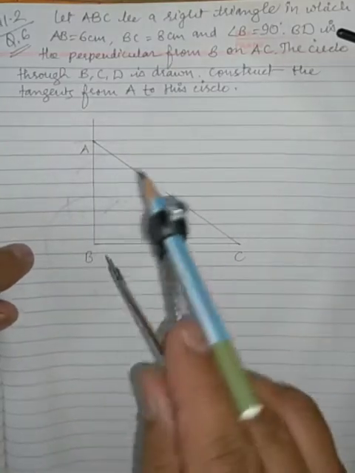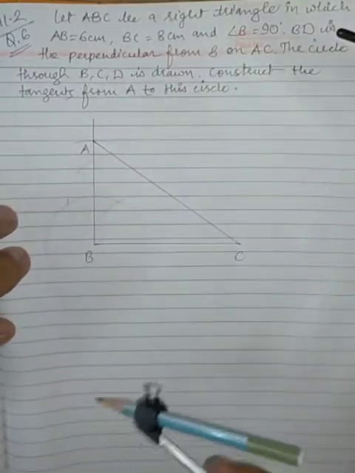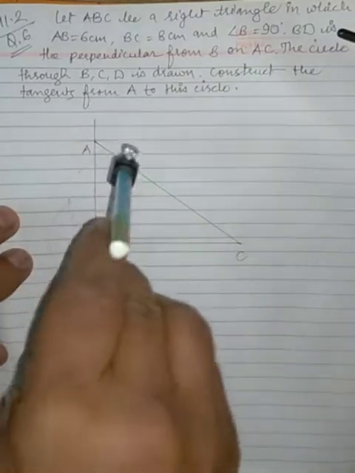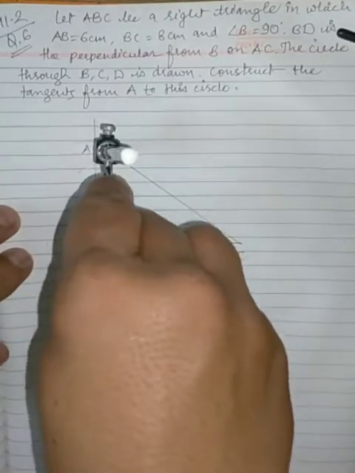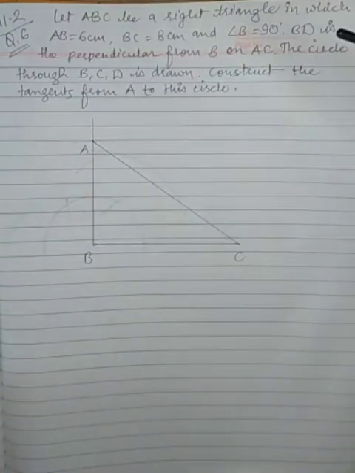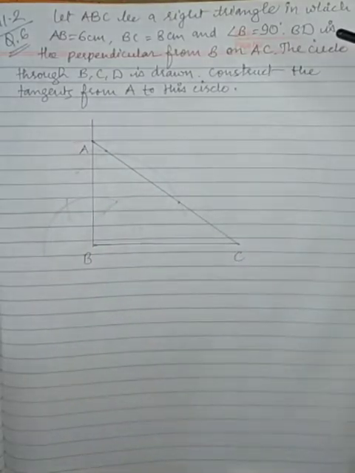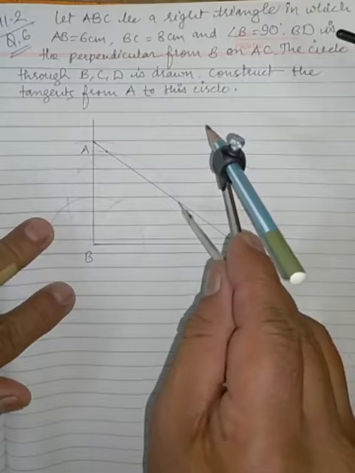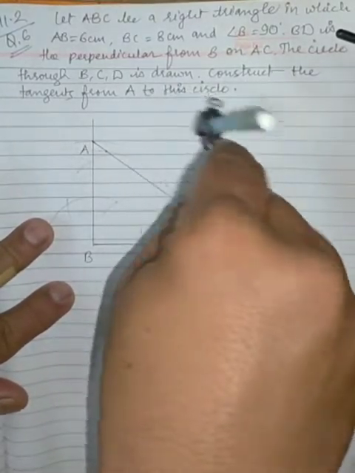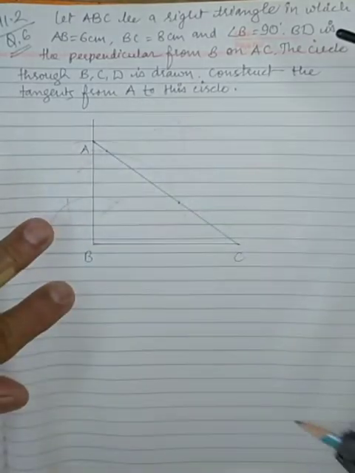Now we have to construct a perpendicular from B on AC. For this, from B as center, draw an arc on AC to intersect AC at 2 points. These are the 2 points here and here. Now from these 2 points, draw 2 arcs to intersect each other at a point.